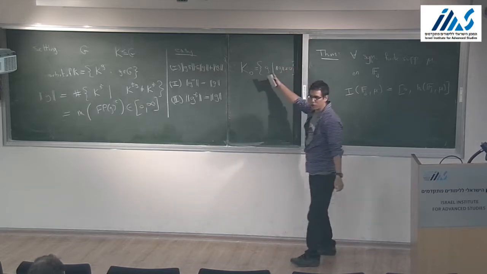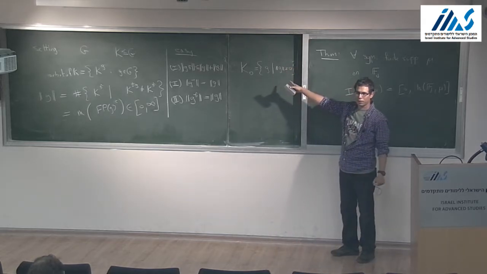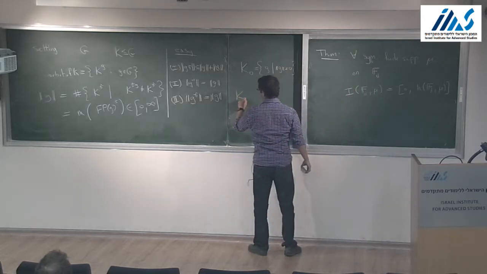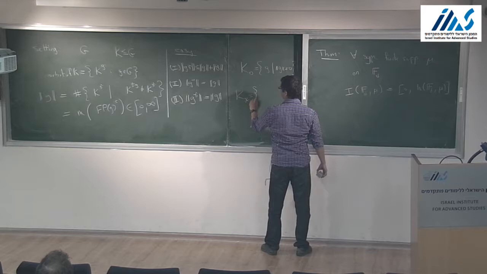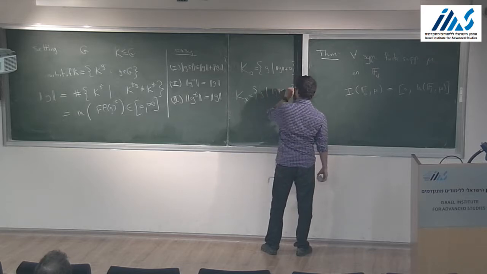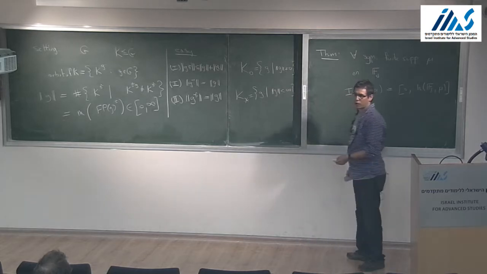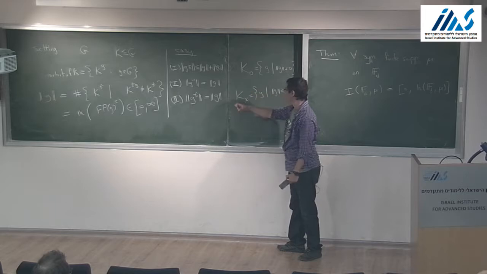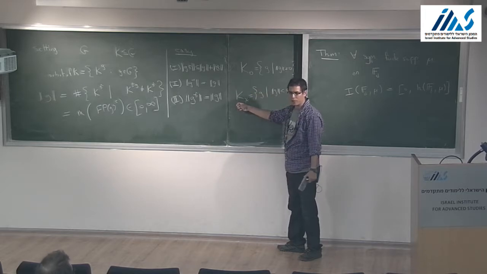And just these three properties tell you that this is a normal subgroup. And another normal subgroup, which is denoted K star, is the set of all G that have finite norm, including norm 0. And this is another normal subgroup. And you see that K0 is a normal subgroup of K star.